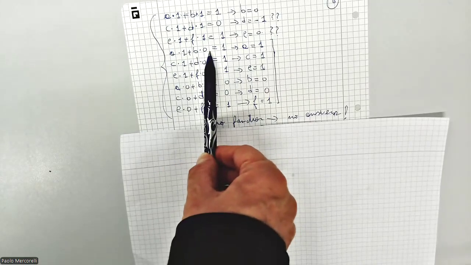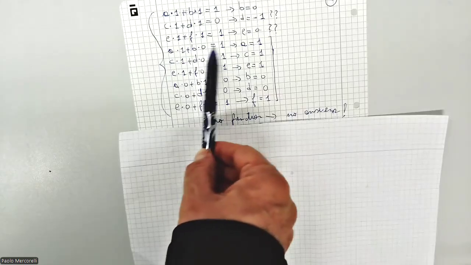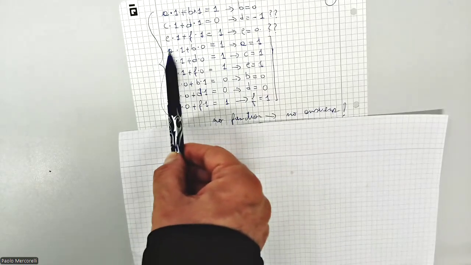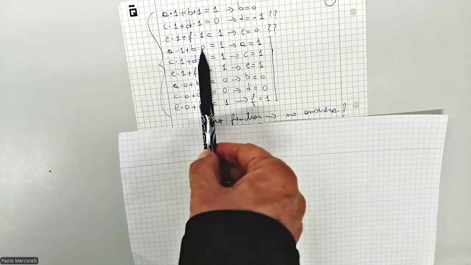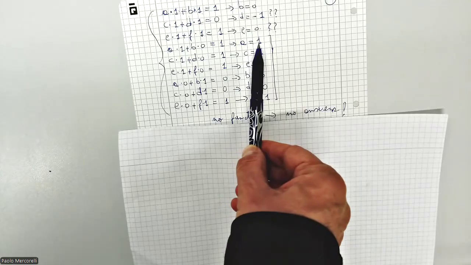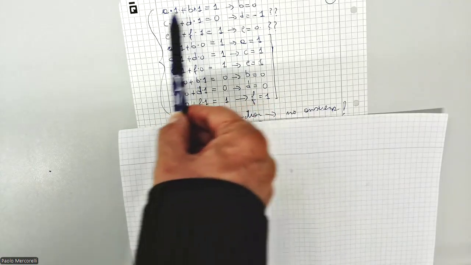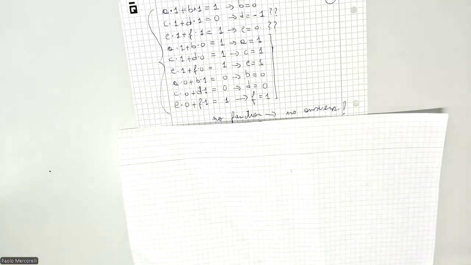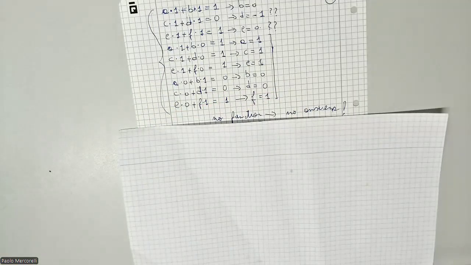From line number 4, I can say that A is equal to 1. Clear, no? From this information, thanks to 0, I can say directly that A equals 1. But if A equals 1 from the first line, I can say that B equals 0. Because I plug in. Do you remember in high school, plug in?